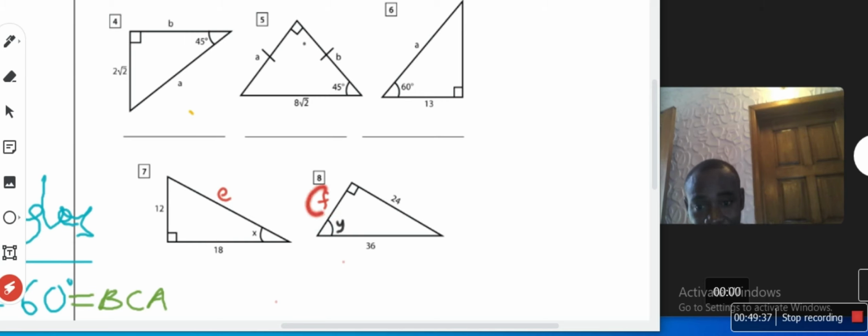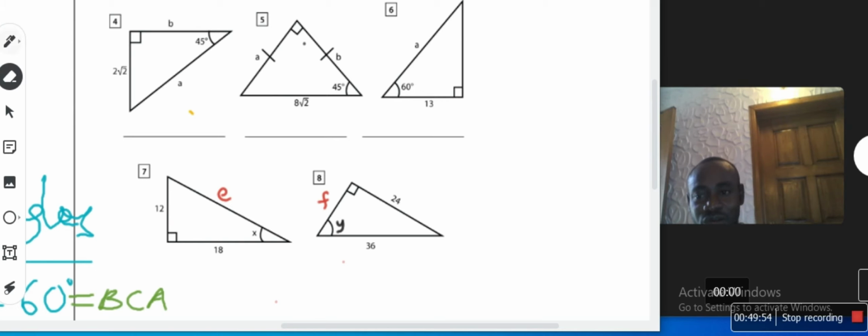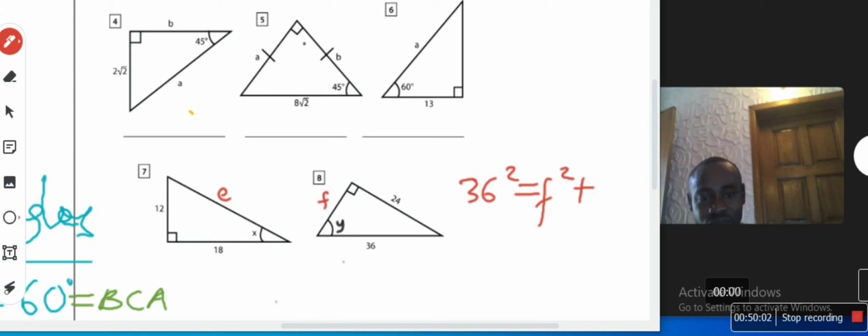We can only use the Pythagoras theorem to find f. The hypotenuse is 36, so we would have done 36 squared is equal to f squared plus 24 squared. Then we get it.